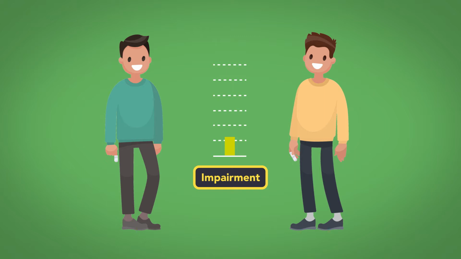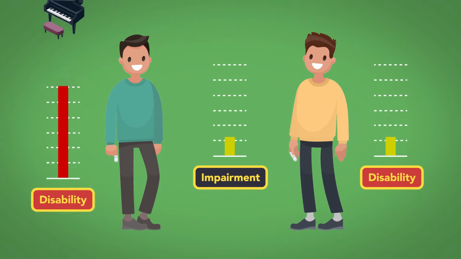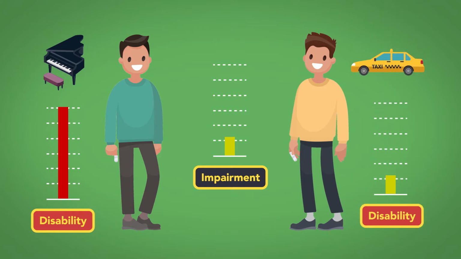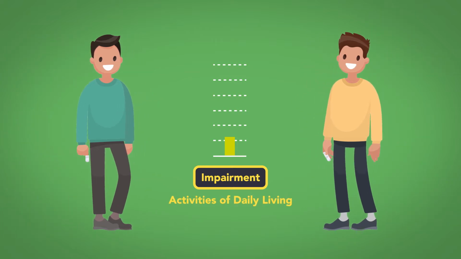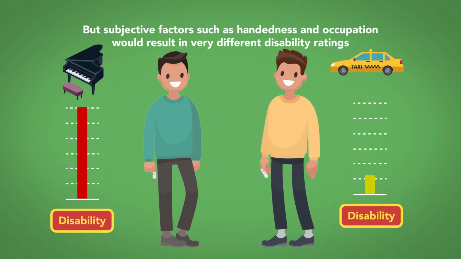However, they could be assigned very different disability ratings if, for instance, one worker was a right-handed professional pianist and the other was a left-handed taxi driver. The activities of daily living of each person would be affected similarly, but subjective factors such as handedness and occupation would result in very different disability ratings.